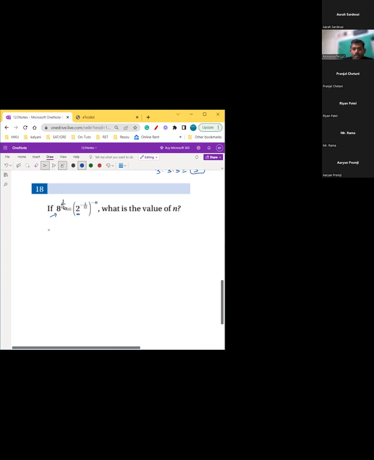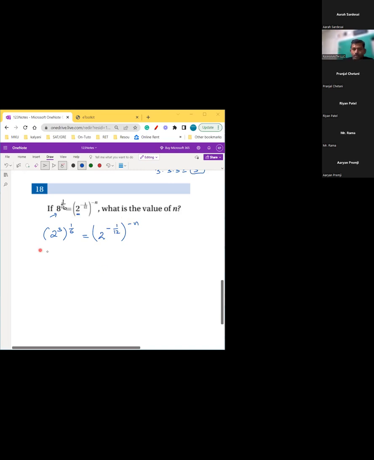That means 8, I can write as 2 to the third exponent, because 2 times 2 times 2 is 8. And then I write the 1/6. And then this is 2 to the negative 1/12, and I have a negative n. So I can multiply these two, because power to the power, you can multiply the powers.